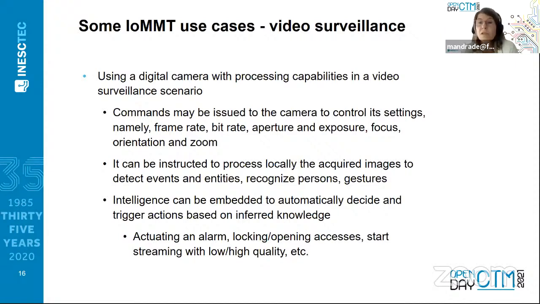The first one, smart video surveillance, with on-site processing, decision, and actuating capability, so that commands can be sent to the camera to control settings, or to start analyzing the video to detect persons, or to detect anything else in another situation, or to analyze the important parts of the video and send only those important parts, or even to generate metadata and send those metadata.